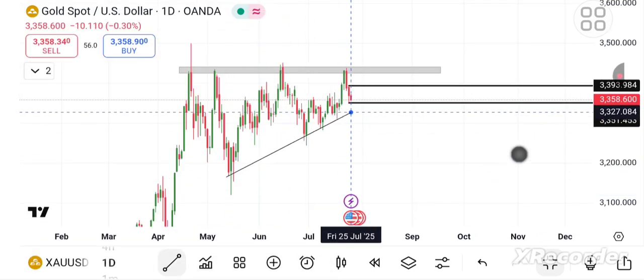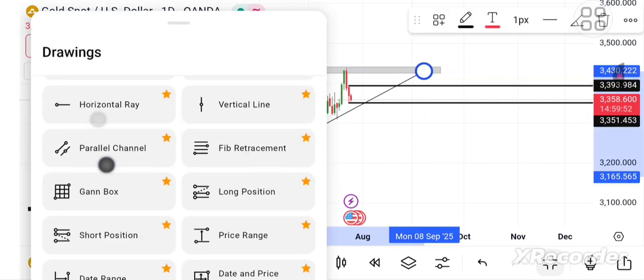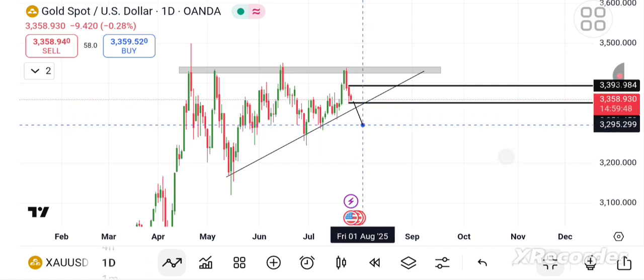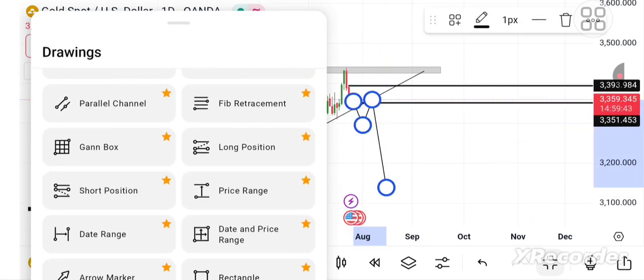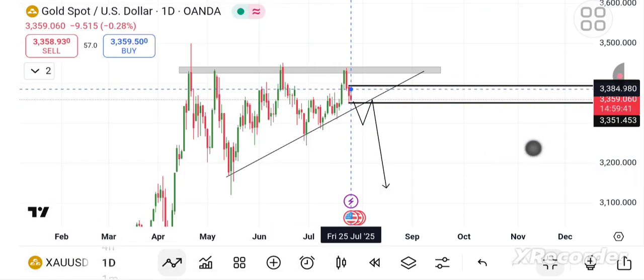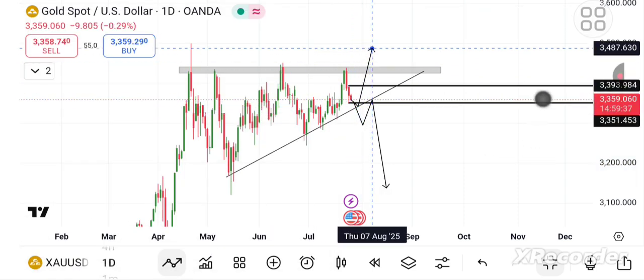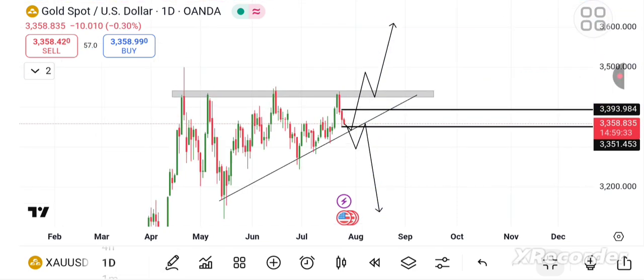Another thing, we do have this trend line, which is also showing that price is willing to break it. If it breaks downwards, we're expecting a retest then a drop. If it doesn't break below, it will test this trend line, then go back, break this resistance, retest, then we go up. So that's what we are already expecting on the daily.